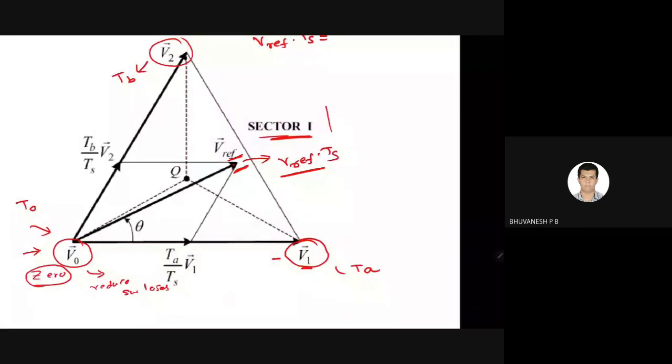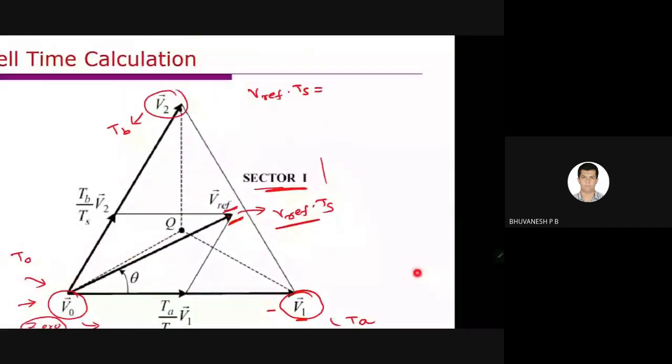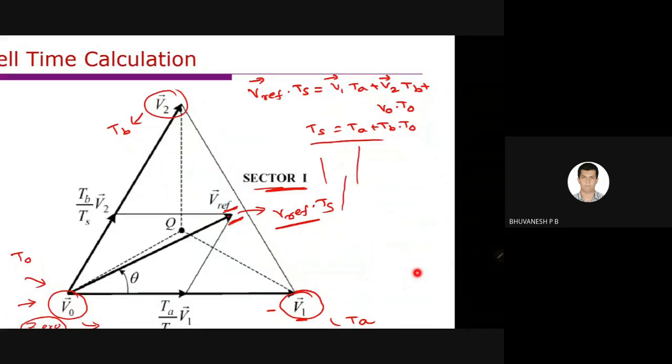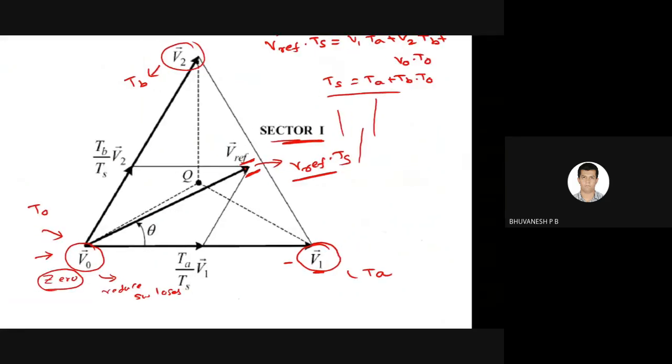If you switch like this, then I can obtain V reference into TS. So this is V1 into TA, V2 into TB, and V0 into T0. All these are vectors. And TS must be equal to TA plus TB plus T0, right? So this is the resultant.